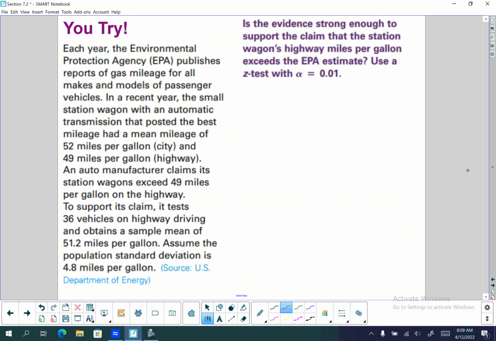All right, let's see. Okay. I'm going to have you put up the sample mean and the population. Put up the levels and then the left side.